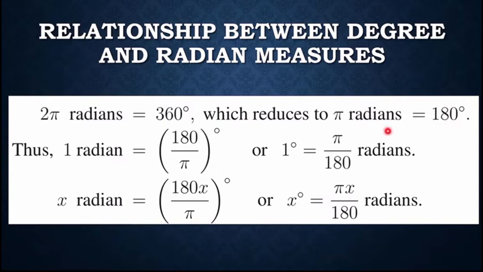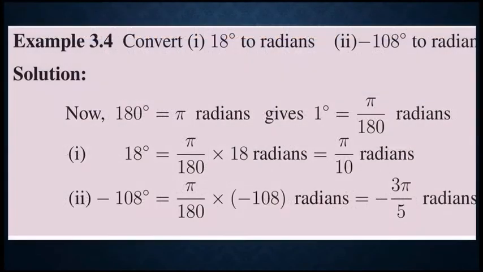So 1 degree is equal to pi divided by 180 radians. These two are the important formulae to convert radians into degrees as well as degrees into radians. 1 radian is equal to 180 divided by pi degrees and 1 degree is equal to pi divided by 180 radians.